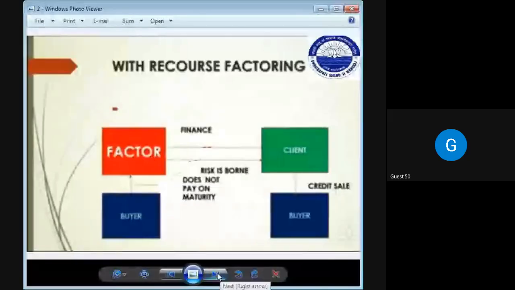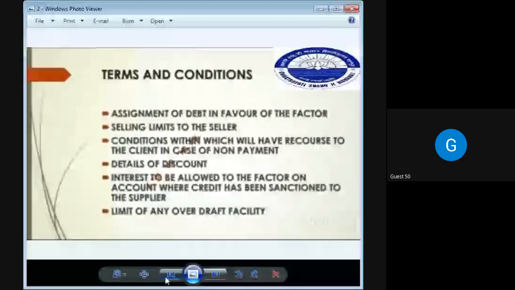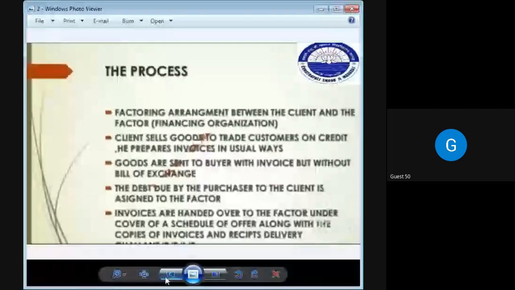Okay, students, so this is all about the factor. I hope you understand that factoring is beneficial to those companies that need immediate cash. And in present times, most companies are doing great sales.